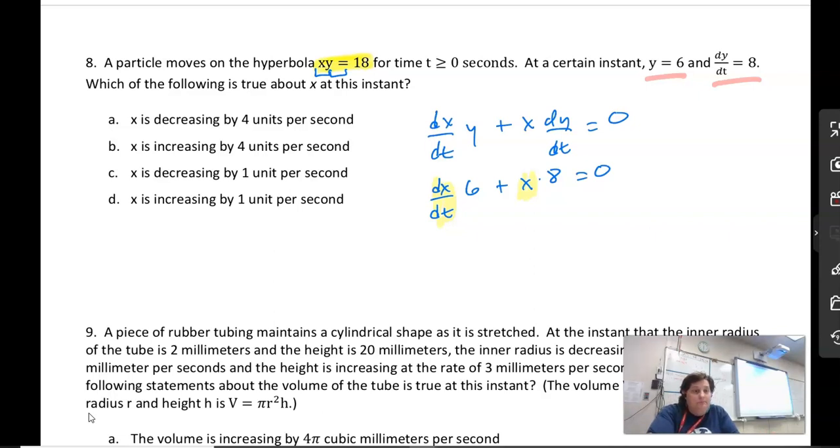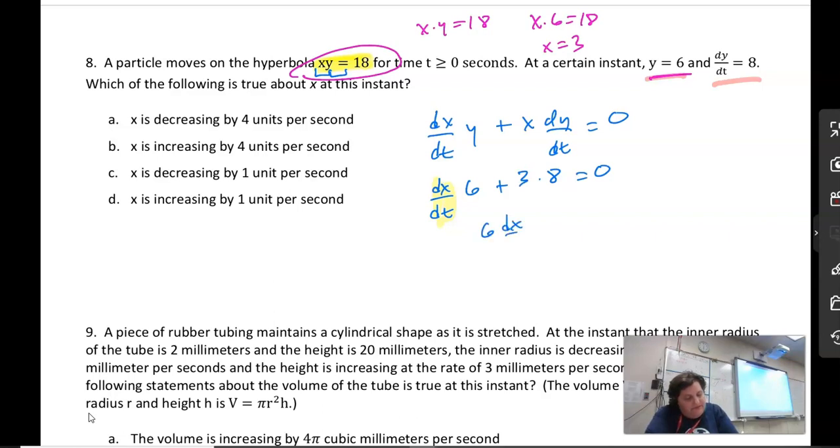Well, remember that if you're missing a variable, you go back to the beginning. So if this says xy equals 18, and over here it told me y was 6, it would make sense that x would be 3. So I can go into here and say that x is 3.